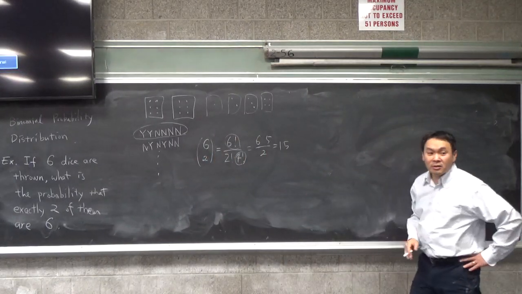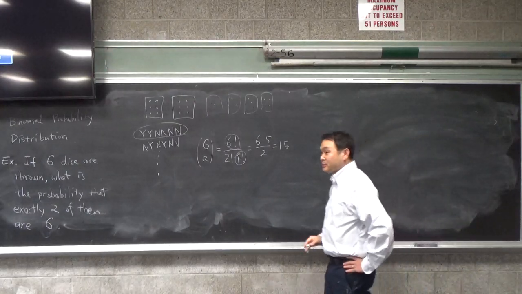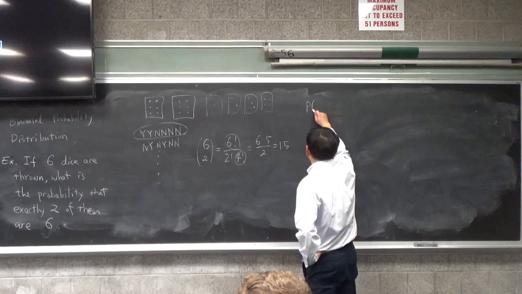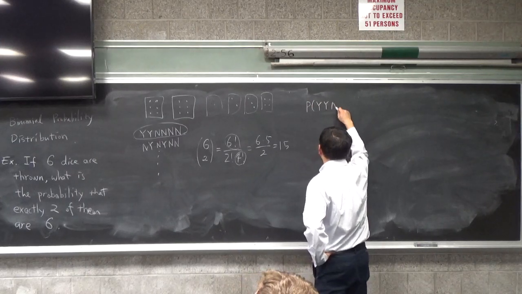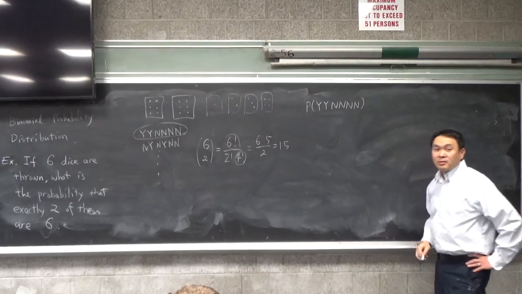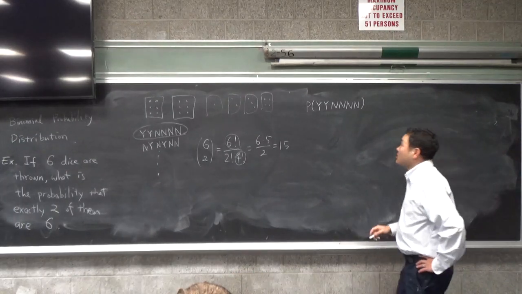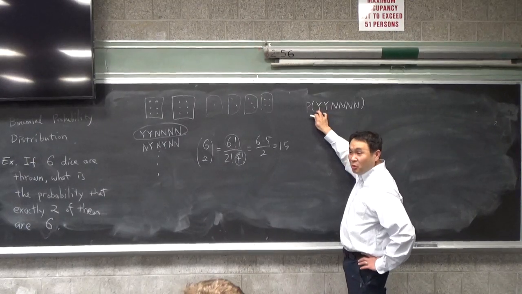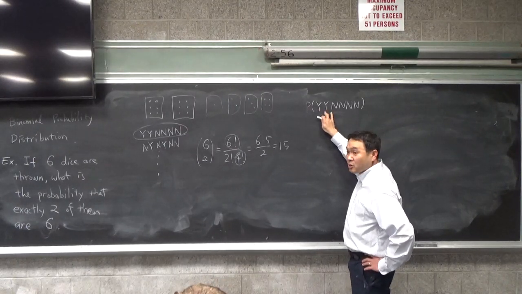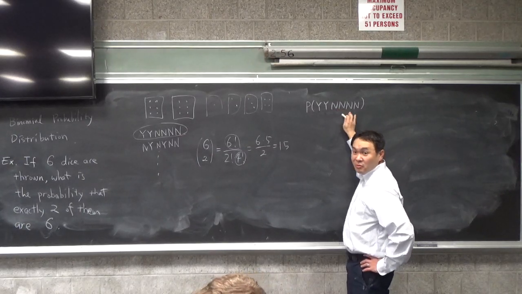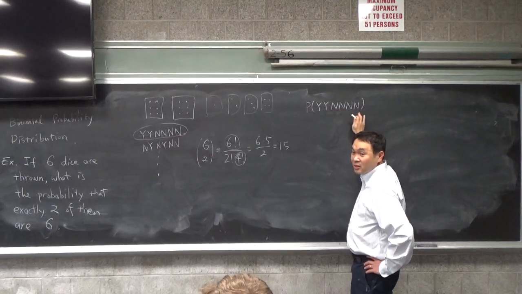Now let's see what's the probability of getting exactly this sequence, y, y, n, n, n. You should think of this as what we just did, having 6 on the first row, 6 on the second row, and some other number in the 3rd, 4th, 5th, and 6th rows.